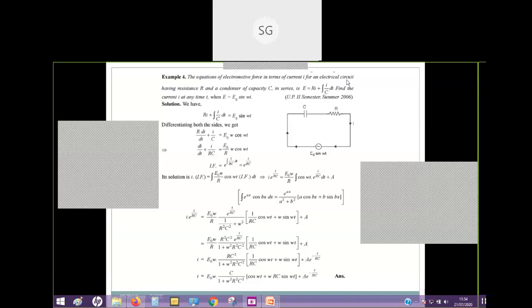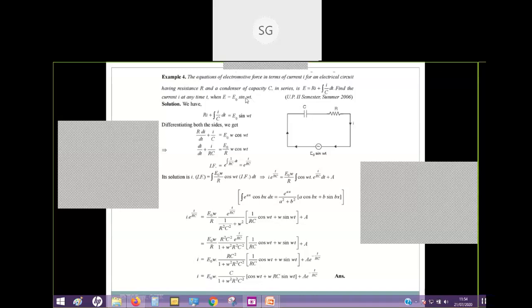Find the current I at any time t when E is equal to E naught sine omega t. This is a very simple example, but what they have given is E equal to E naught sine omega t.